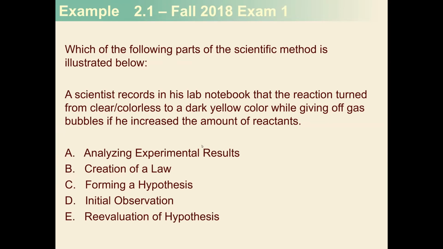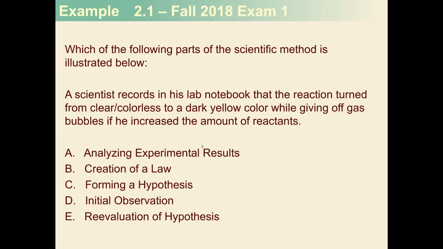We know that we are not going to create any laws because even though we have observations, we are not going to explain any of that. So now, what do I actually have? We are really between two questions here, and that is analyzing the experimental results and our initial observation. How do I know the difference between answer A and answer D? Well, it's actually harder than you think.